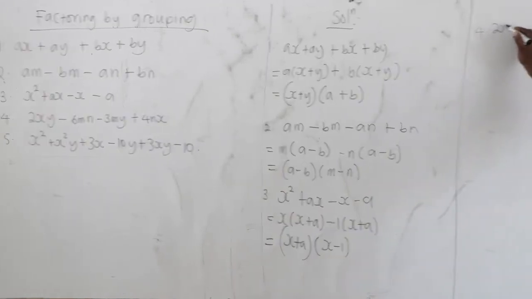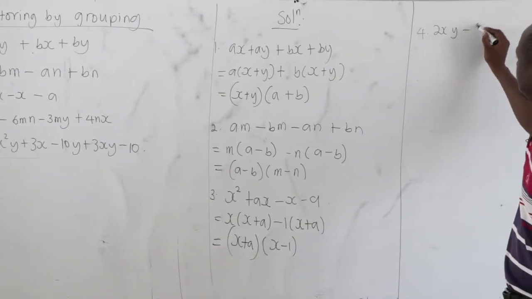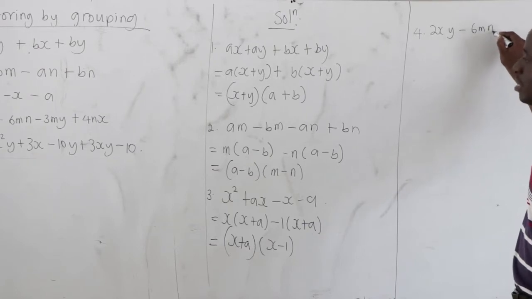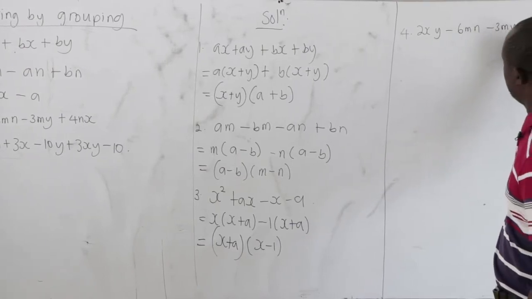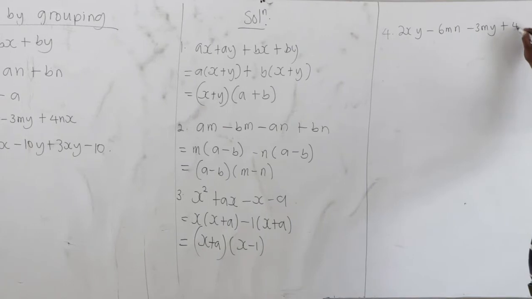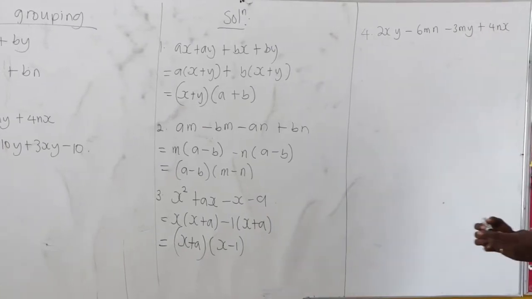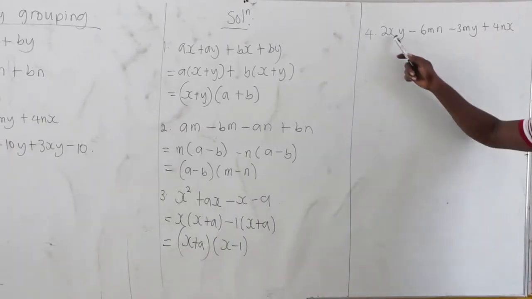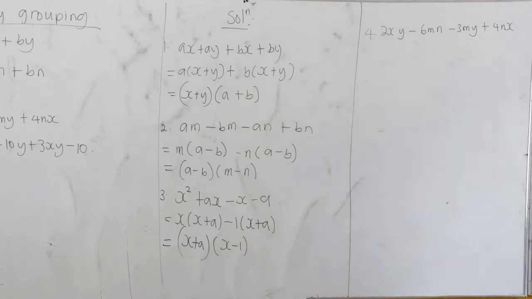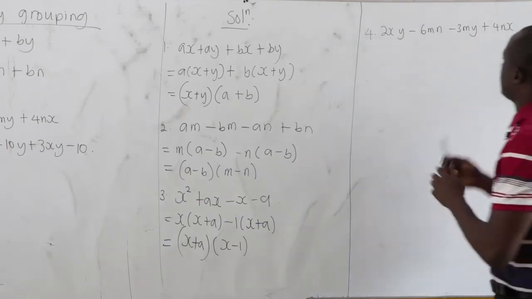Now let's see the fourth question. We have 2xy minus 6mn minus 3my plus 4nx. Now here you can see xy, and then here we can also see that we have 4nx. So let's bring this and that together.